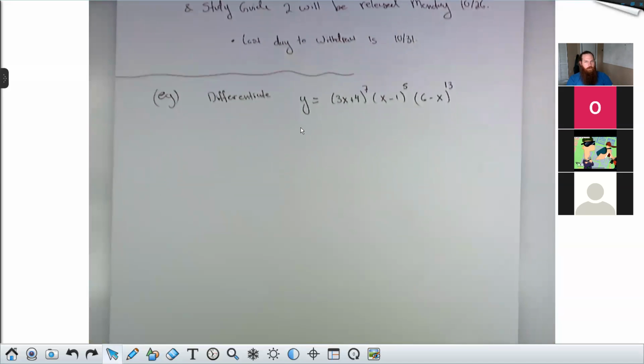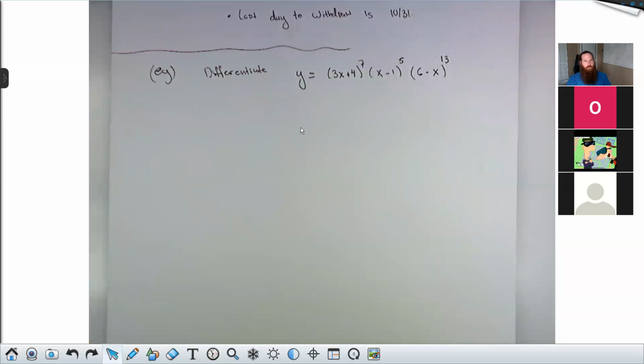We want to find the derivative of this function. It's a product of 3 pieces. Each of those pieces would require using the chain rule and the power rule. And you could jump in using the product rule on this. That's an option.